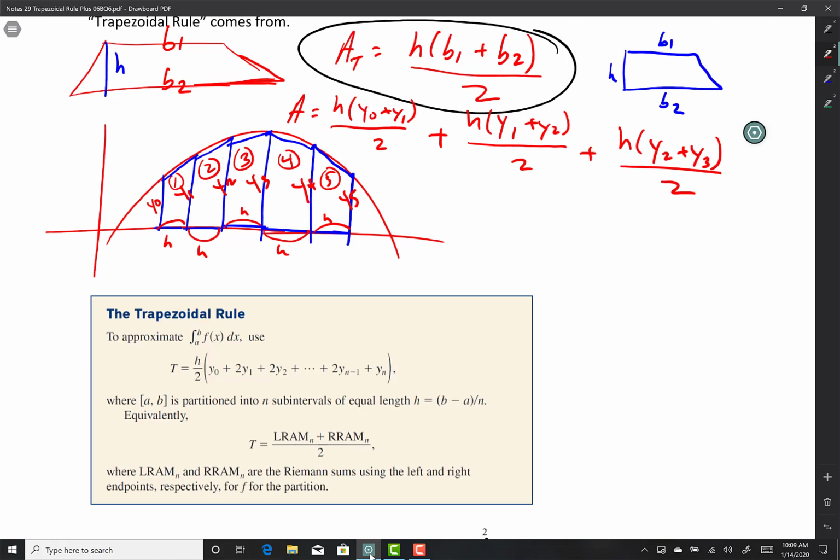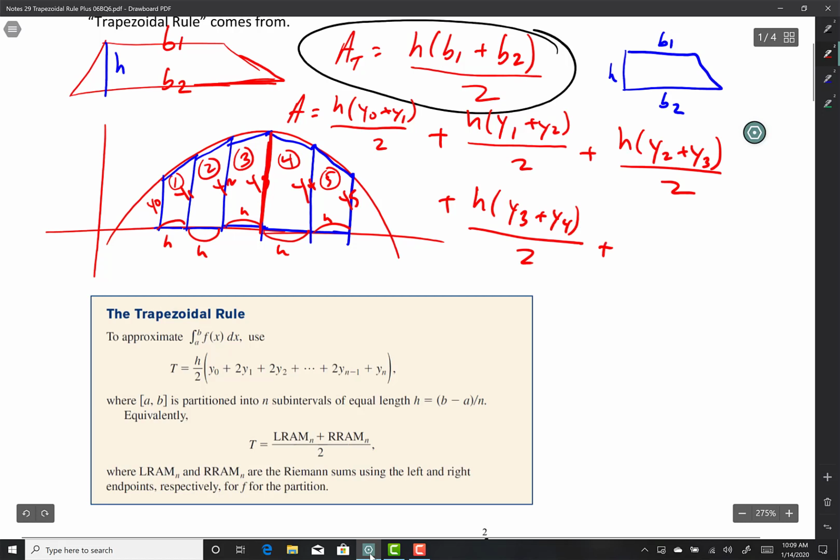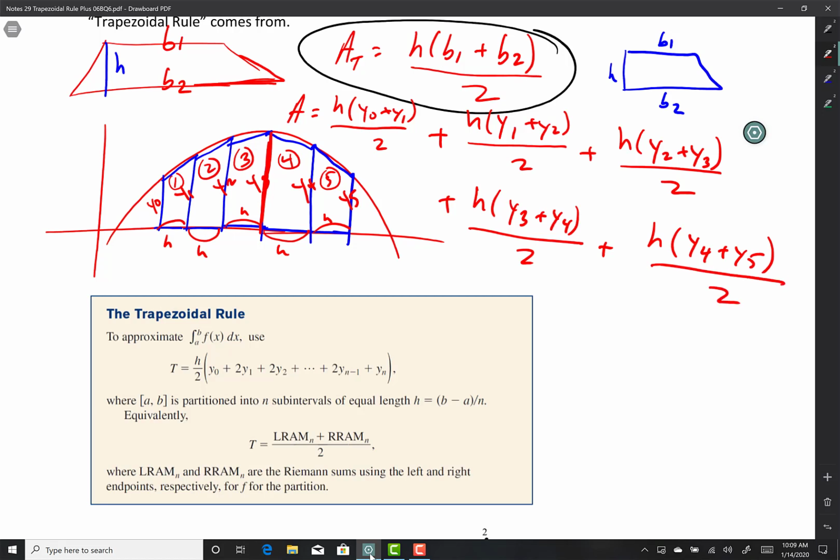The y3 is literally this value here, whatever that base is, because my trapezoids are being stacked. Plus h times y3 plus y4, all divided by 2, plus h times y4 plus y5, all divided by 2. So get that down real quick.